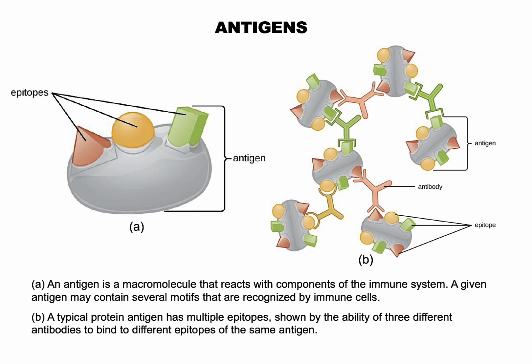Size is another critical factor affecting the antigen's potential. While large antigens have multiple epitopes, some smaller molecules termed haptens are not antigenic on their own. To elicit an immune response, haptens must attach to a larger carrier molecule to form a conjugate or antigen.